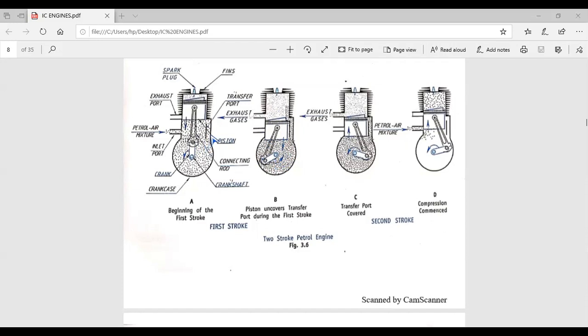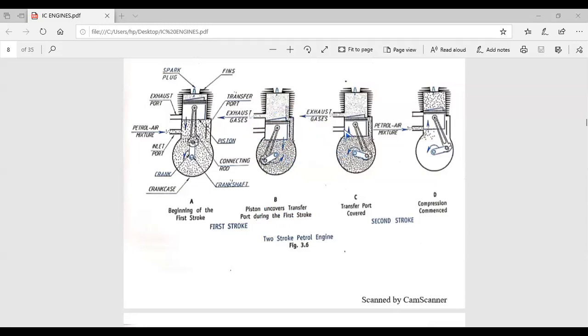At that time, all of you observe here, the transfer port is covered with the piston. All of you observe here, the transfer port is covered. The piston uncovers the transfer port, and whichever fuel and air mixture is coming here is compressed here.